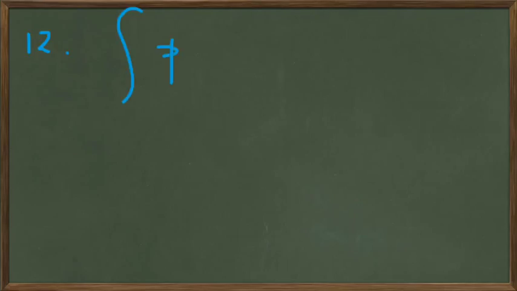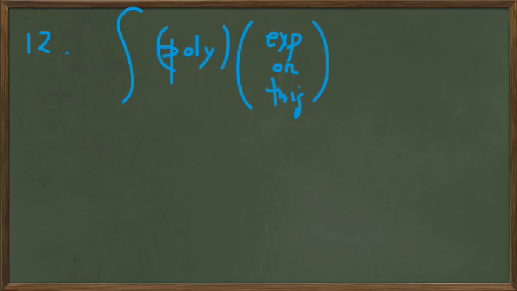The only type we will need to look at is when we have a polynomial function times an exponential or a trig function. In that case, you may recall that we always set u equal to the polynomial part and dv equal to the exponential or trig part.